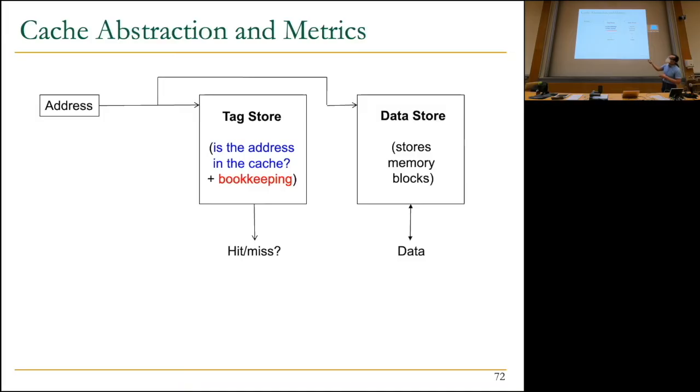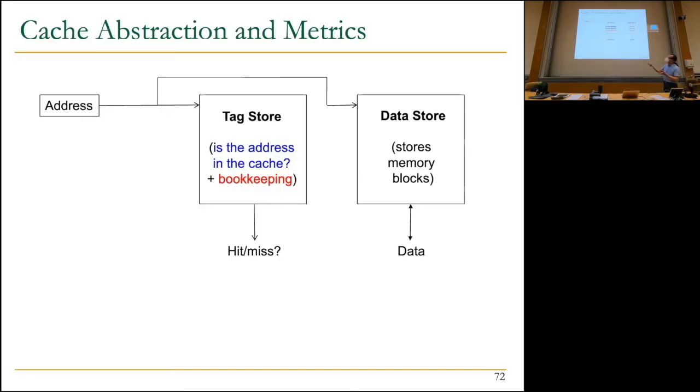You may query them concurrently, tag store and data store, so that whenever you get the hit signal, you also get the data bits out of the data store. That's what's done in L1 caches. You normally query the tag store and data store concurrently, so that if you hit in the cache, the data is ready for you to take and move on.